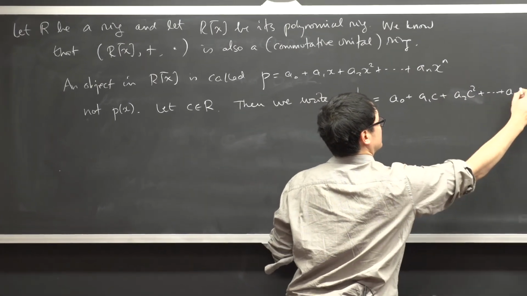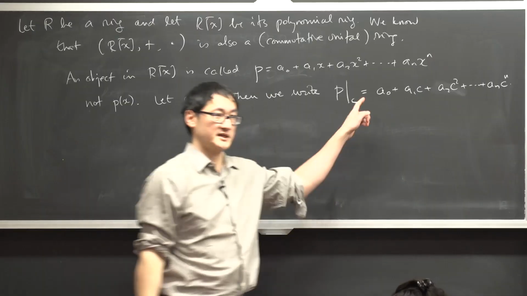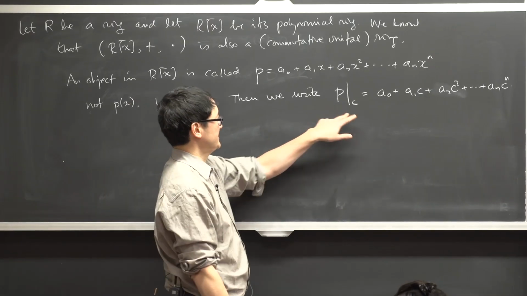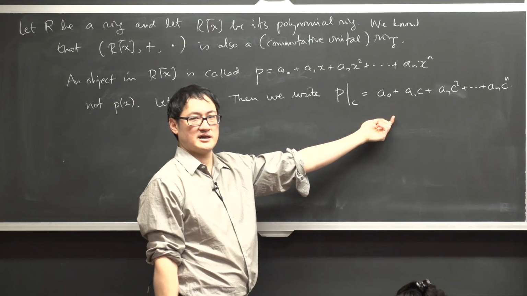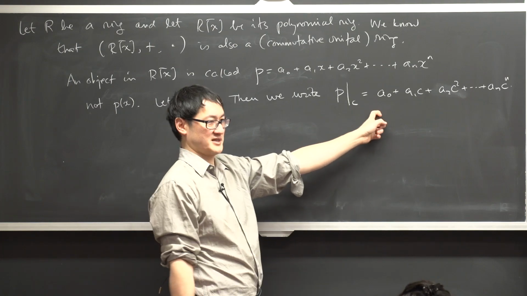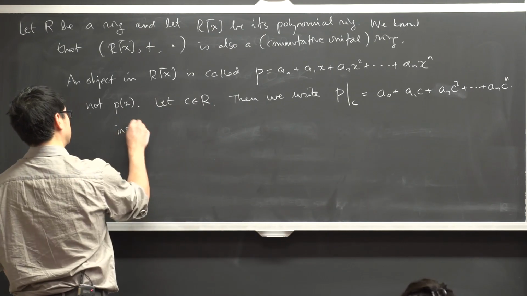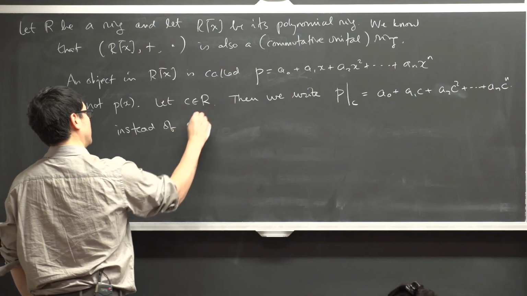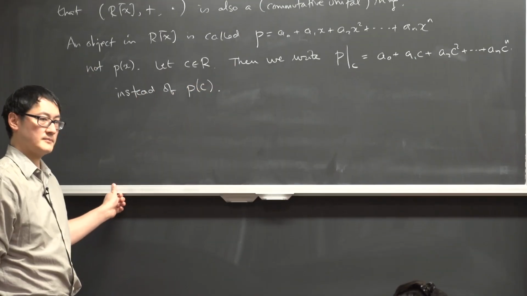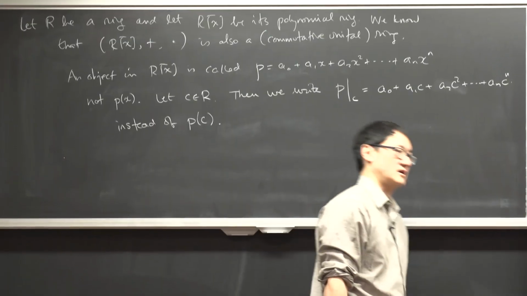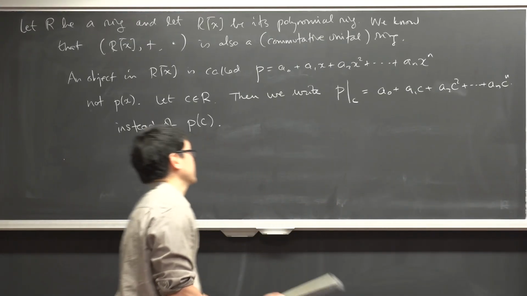There's nothing deep about what I'm saying. All I'm saying is notation. So in this class, we will use P slash c to mean this object, instead of P of c, unless I mistakenly put something else in the homework, and then you'll correct me.